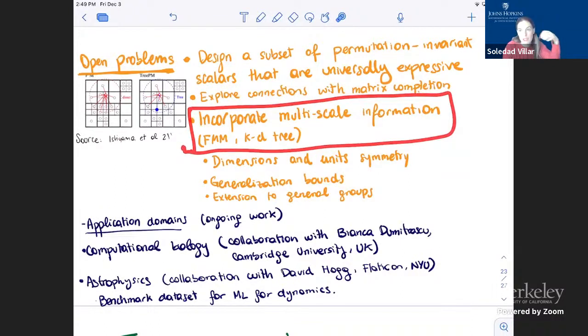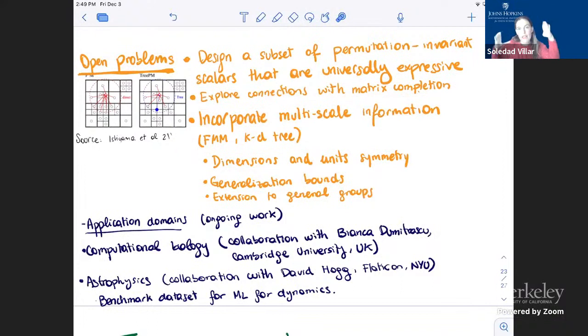Instead of doing message passing between pairs of nodes in a graph or pairs of particles, if you had a hierarchical decomposition of the space, like an FMM or a KD tree, can we implement this in a more efficient way and make it scalable for real applications?